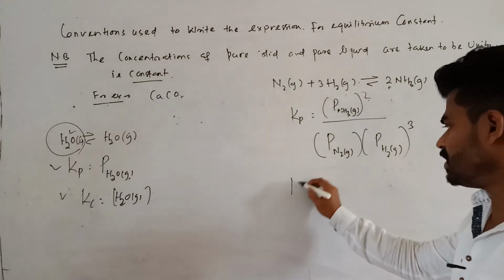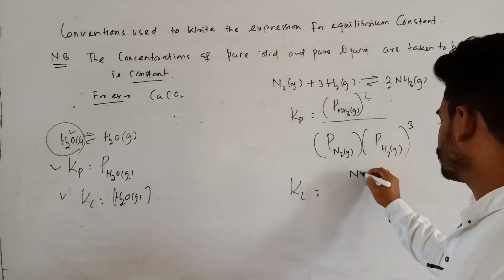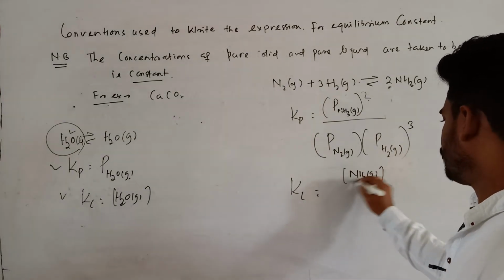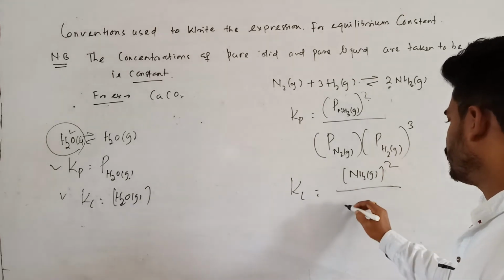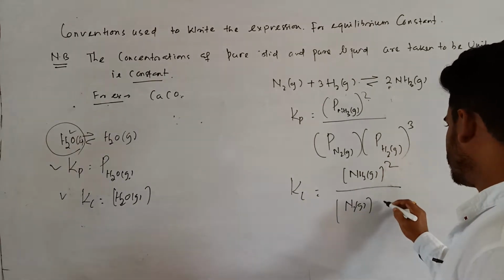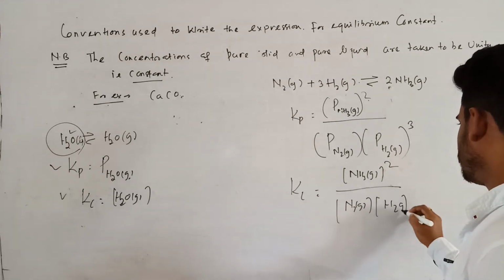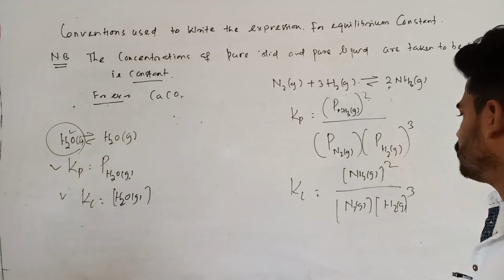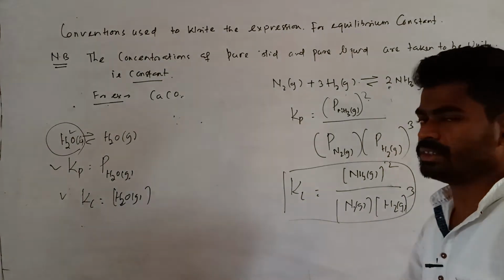That is clear? So in terms of Kc, I can write the concentration of NH3 to the power 2 divided by concentration of N2 gas into concentration of H2 gas to the power 3. So this will be the expression for Kc. Clear?